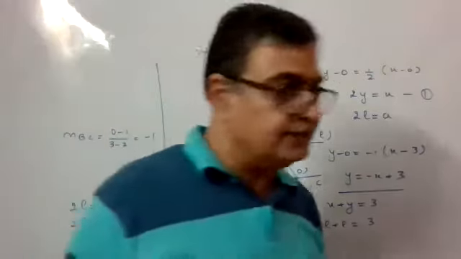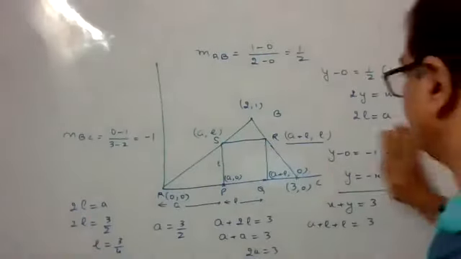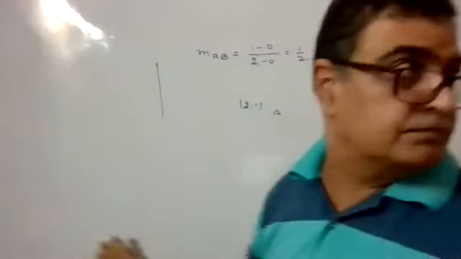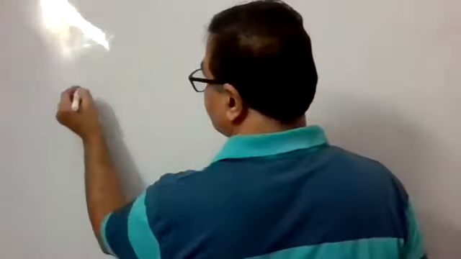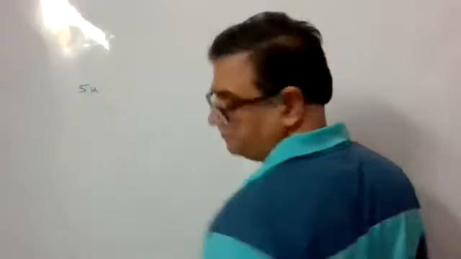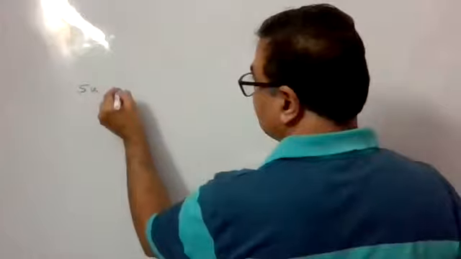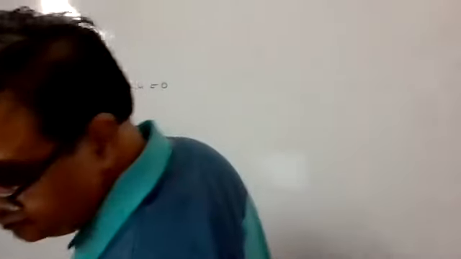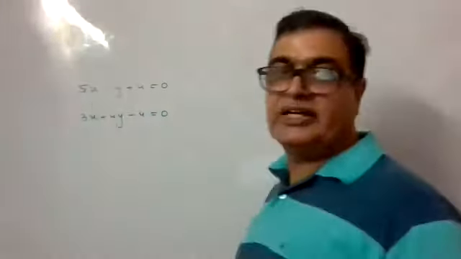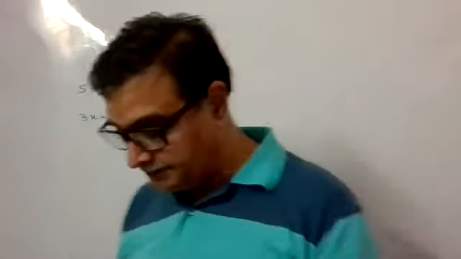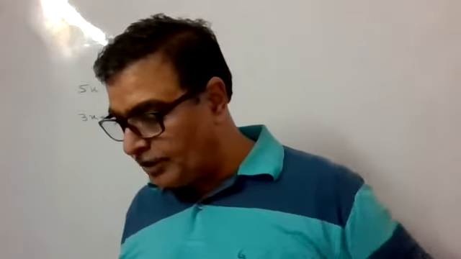A line is such that its segment between the lines 5x minus y plus 4 equal to 0 and 3x plus 4y minus 4 equal to 0 is bisected at the point 1 comma 5.